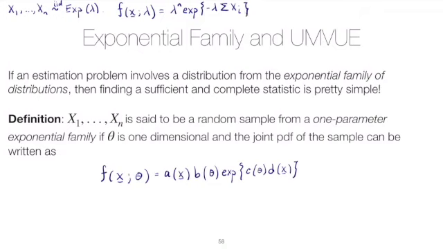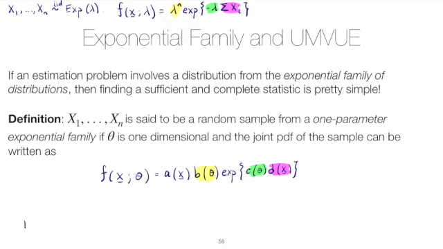And the exponential distribution is easy in a sense to show that it's from the exponential family, because, well, our d of x is here, our c of, in this case, lambda, the parameter, is here, our b of lambda is here, and our a of x is just the constant function 1. So the exponential distribution is already sort of split up in a nice way to see that it comes from the exponential family.